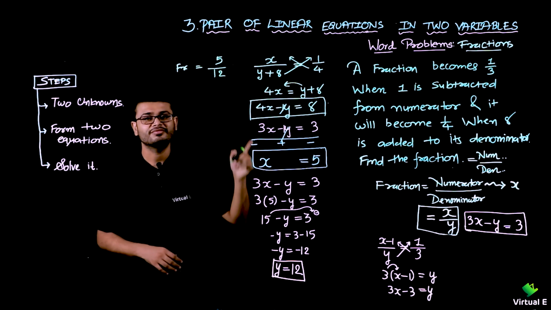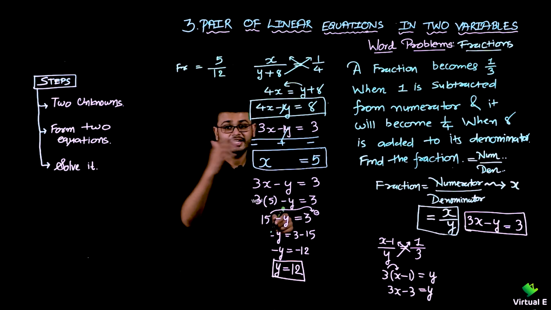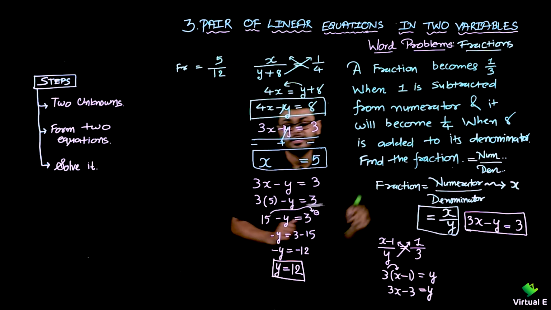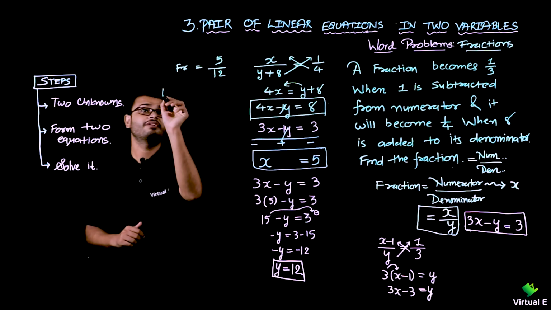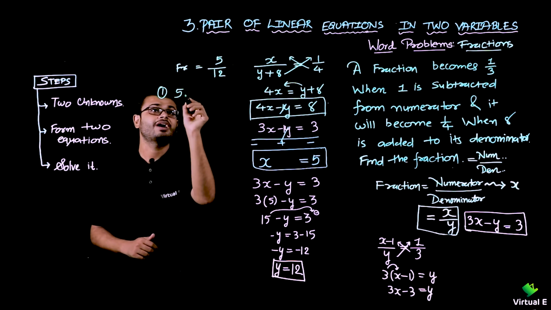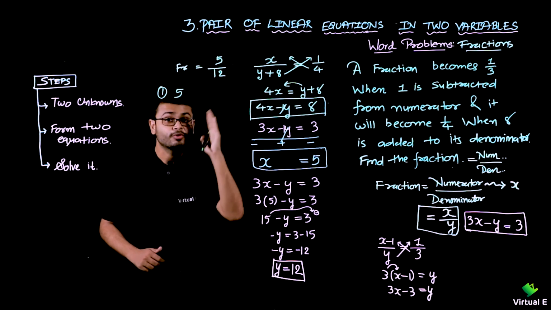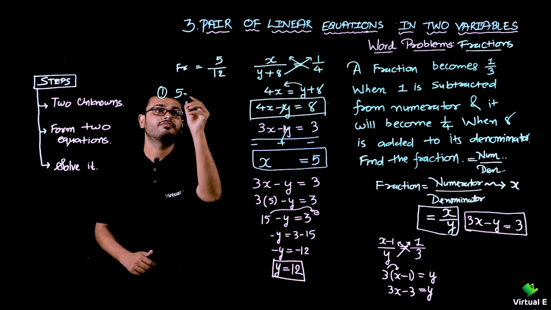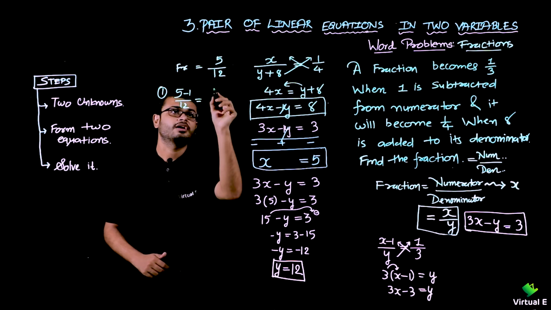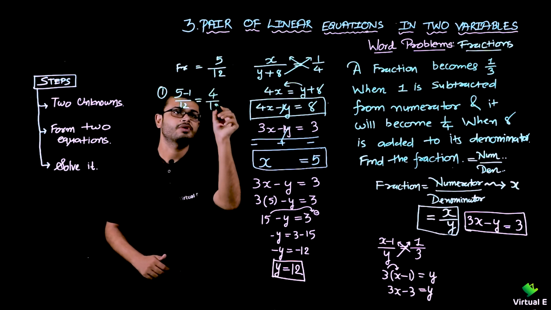Now let's start with the first condition, are we getting the same answer or not. When 1 is subtracted from the numerator, 5 minus 1 upon 12. So 5 minus 1 is 4, and 12. So 4 1s are 4 and 3 4s are 12.